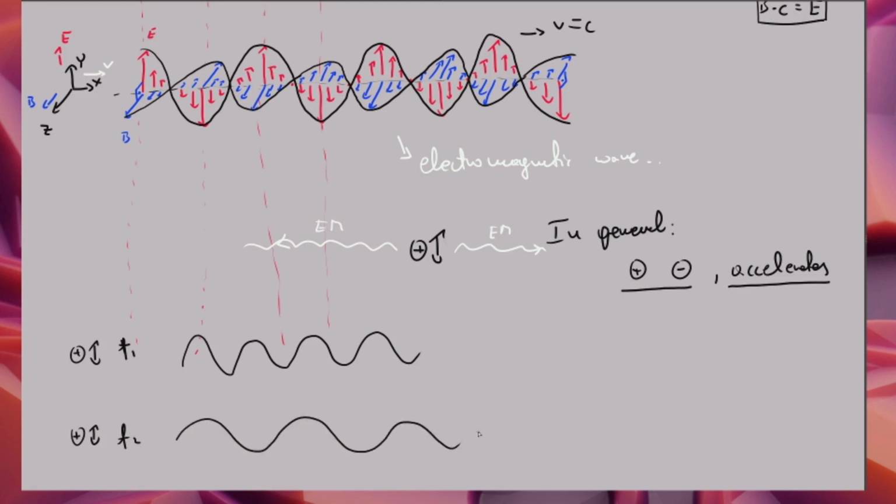So maybe something like this. Depending on the frequency with which this charge oscillates, you're going to get an electromagnetic wave that has a very specific frequency, or a very specific wavelength.